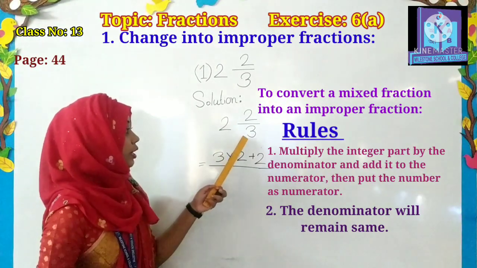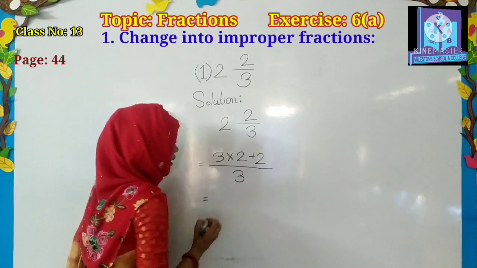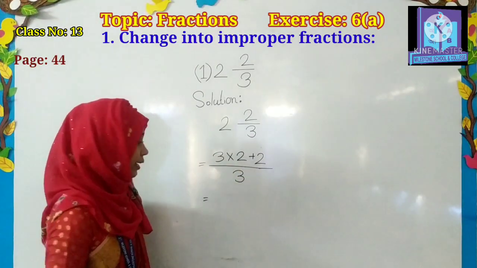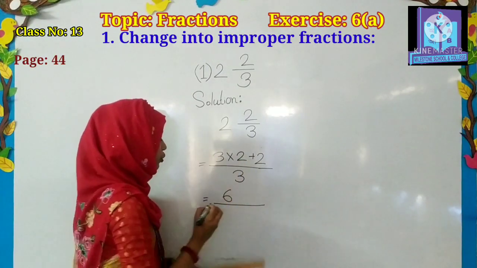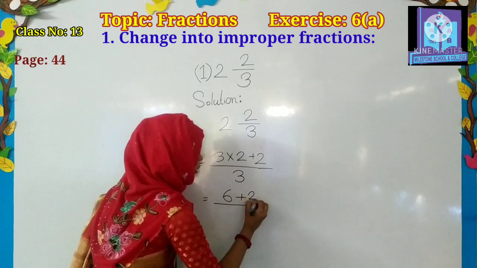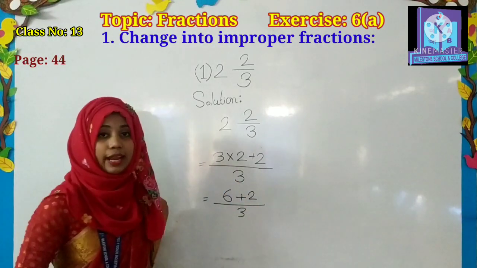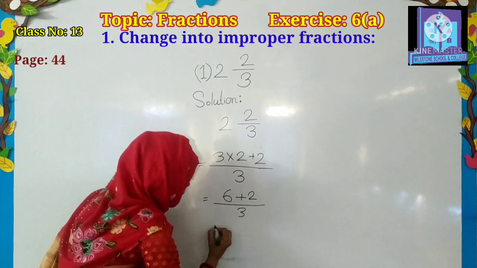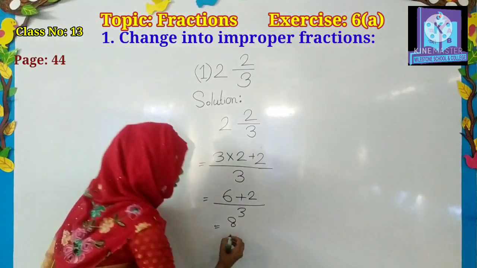It means 3 has no change. 3. Now dear students, we will calculate here. 3 2s are 6 plus 2 and denominator 3. You know that 6 plus 2 is equal 8 and denominator 3.